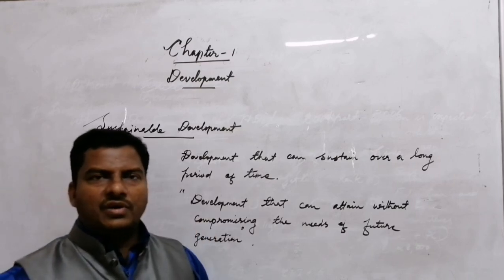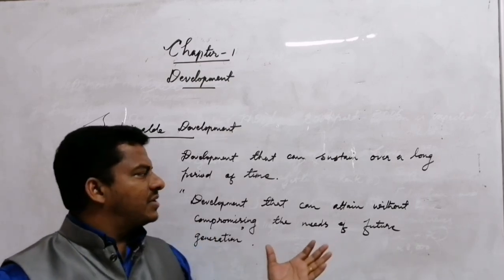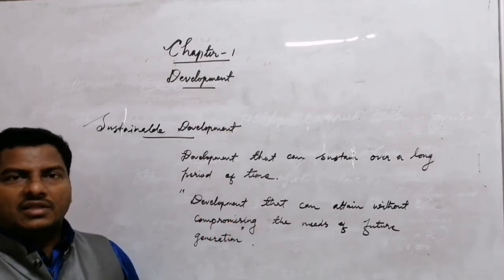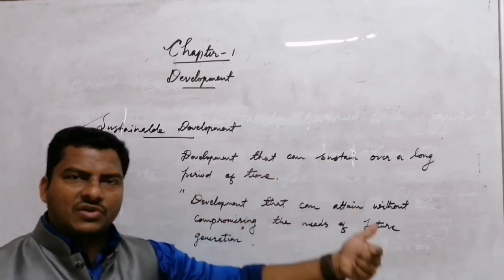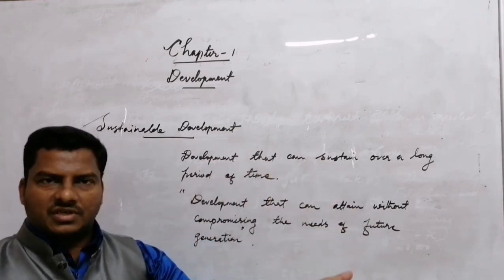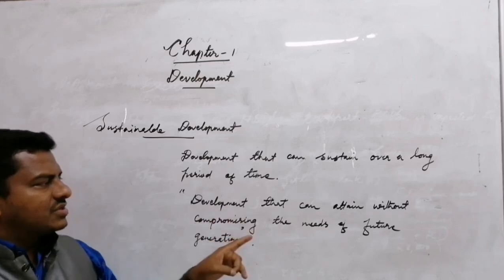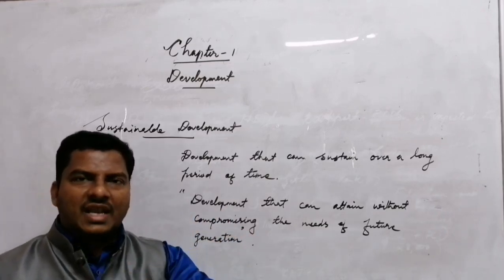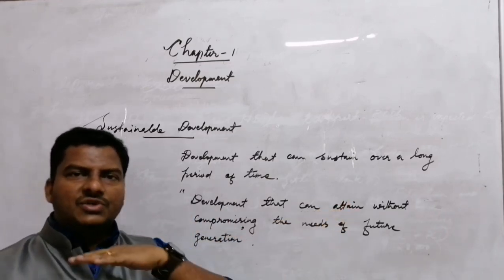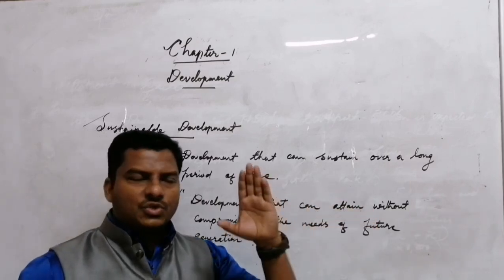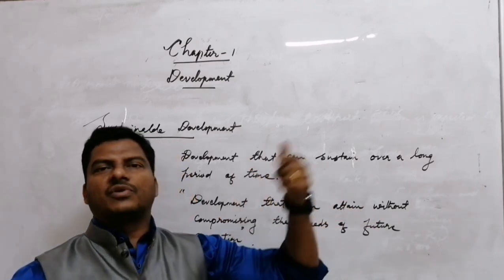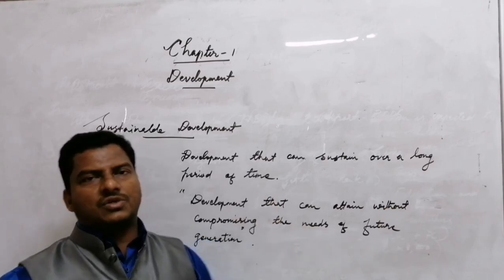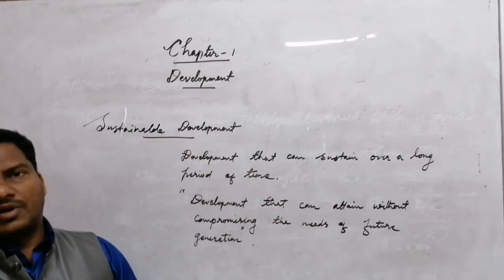What we are enjoying right now, the development, growth, and every aspect, that should be for our children, for our future generation. So we should use the resources in a judicious way. We should never exploit the resources. We should never exploit the world. We should attain development for the future generation. This is the concept of sustainable development.